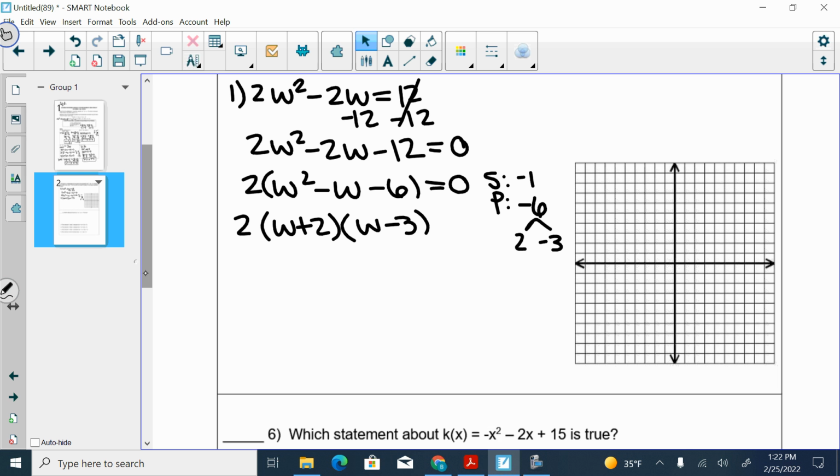Very good. So I've got this 2 that I'm going to set equal to 0. I'm going to set the w plus 2 equal to 0. And I'm going to set the w minus 3 equal to 0. Well, does 2 equal 0? No, so we don't need that piece. Okay? All right, and then how would I get w by itself here?